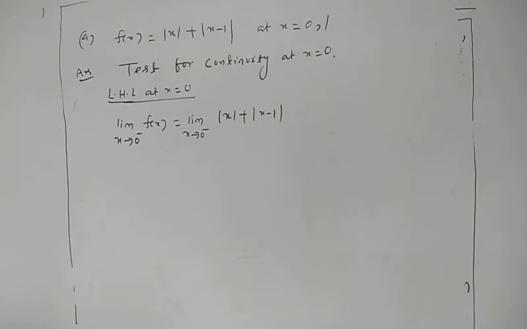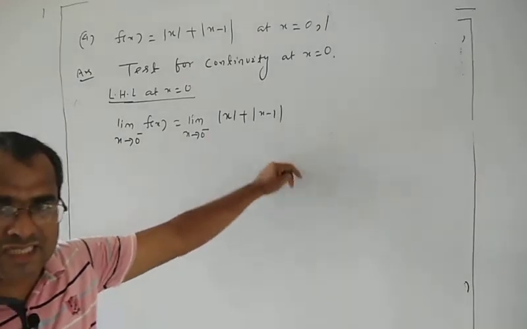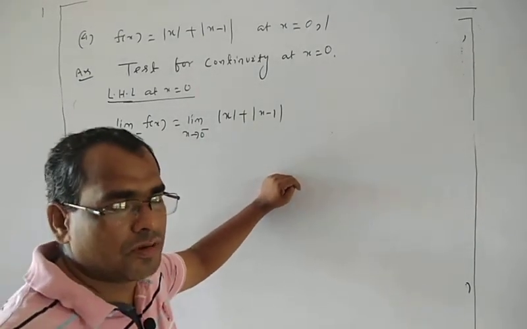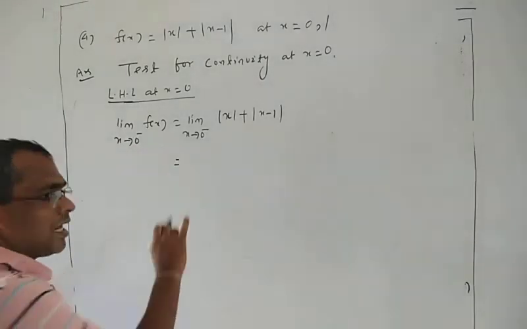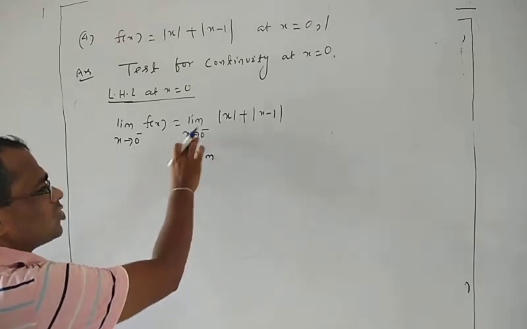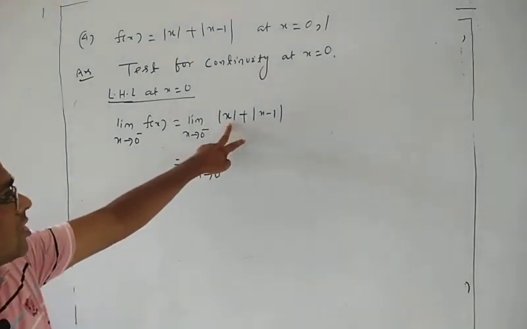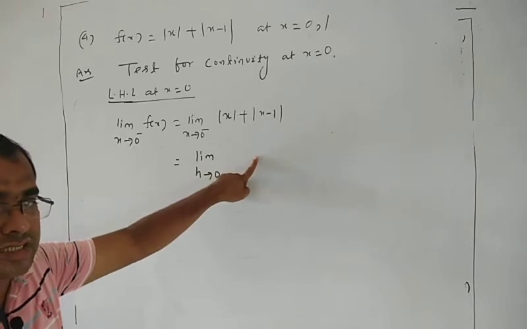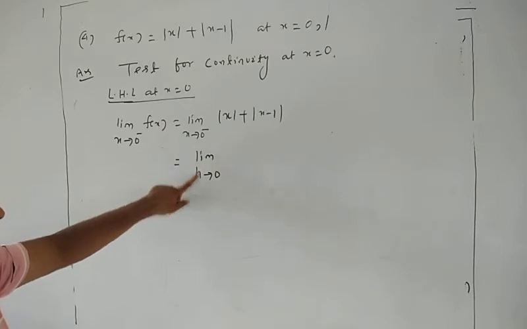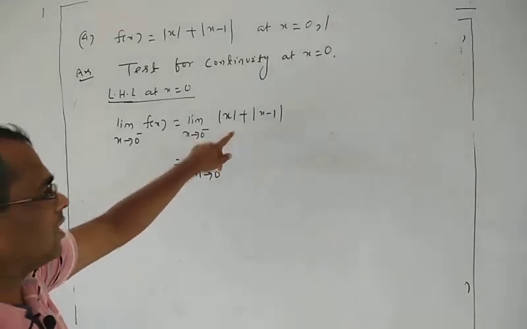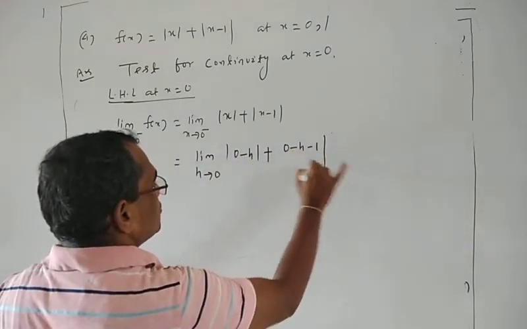So how to evaluate the left hand limit? Since x tends to 0 minus, we put x is equal to 0 minus h, where h is a very small positive number, never negative. That means limit x tends to 0 minus becomes limit h tends to 0, and we substitute 0 minus h in place of x. So this is equal to mod of 0 minus h plus mod of 0 minus h minus 1.